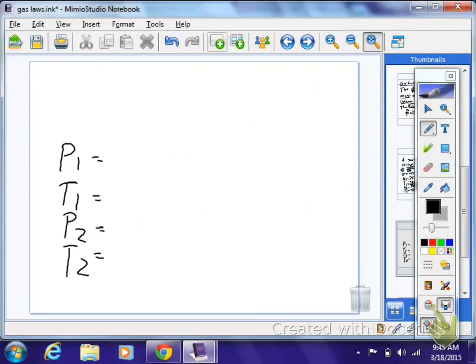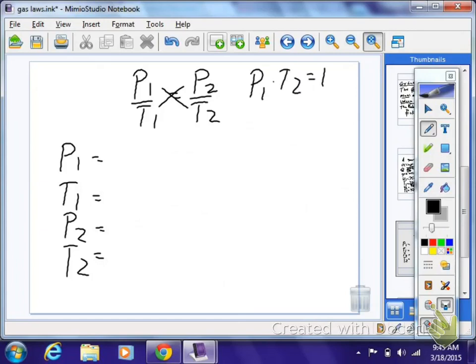Again, we've got our setup: P1 over T1 equals final pressure over final temperature. I'm going to cross multiply. So it becomes pressure 1 times temperature 2 equals pressure 2 times temperature 1.